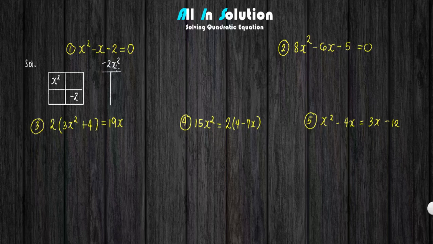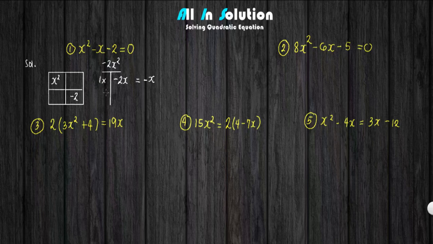Now, let's find the two factors of negative 2x squared na ang sum ay yung middle term or yung negative x. So let's try 1x and negative 2x squared divided by 1x, that is negative 2x. Now let's find the sum: 1x plus negative 2x, that is negative x.